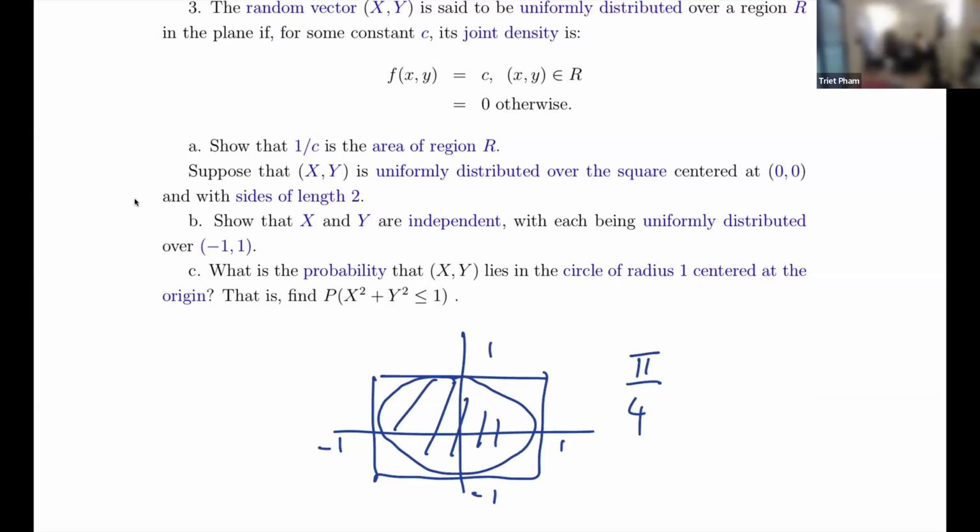The area of the circle is pi, so pi over 4. So question number 3 is pretty trivial. For these parts, you guys have to write down the work and everything, but we did it before, so I'm not gonna show it again. It's trivial-ish, but okay. Any question about this?